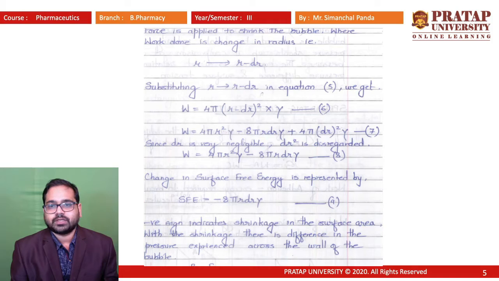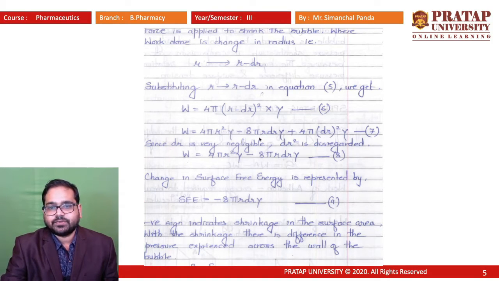Now we simplify the equation using the formula for a minus b whole square. Opening the bracket, we get 4 pi r square gamma minus 8 pi r dr gamma plus 4 pi dr square gamma.